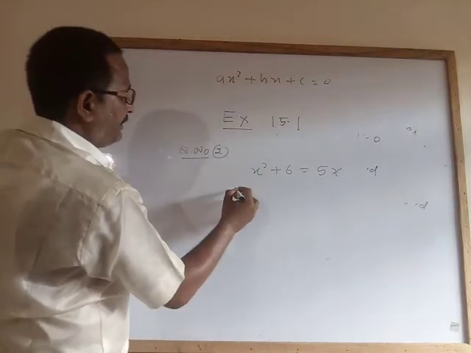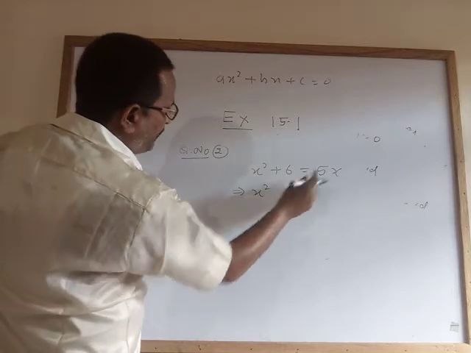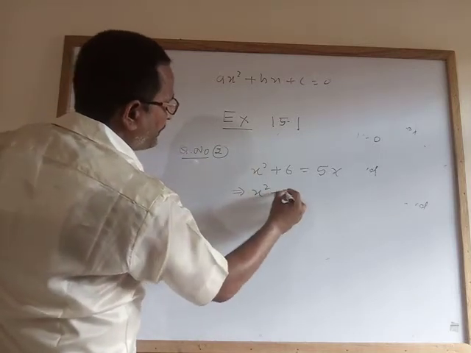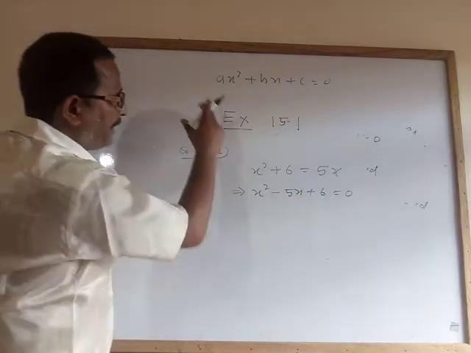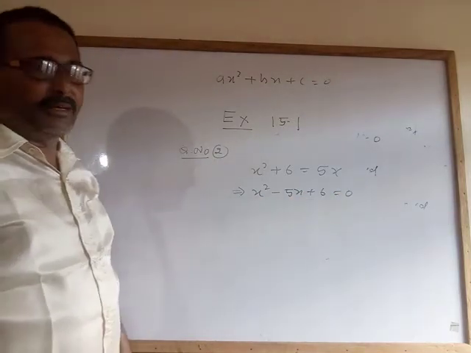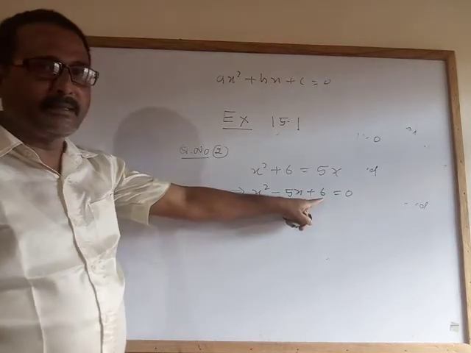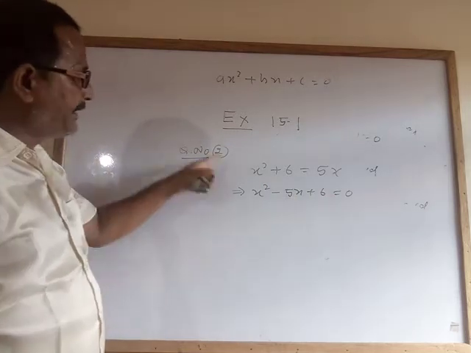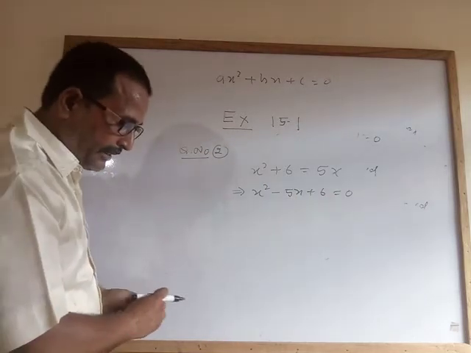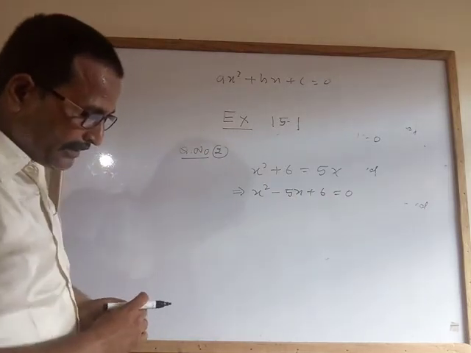How? x square, and this side it will be minus 5x plus 6 is equal to 0. Perhaps this question I have explained as an example. Factors of 6: 3 into 2, whose sum is 5, 3 plus 2. I have explained this question. Now see question number 4.